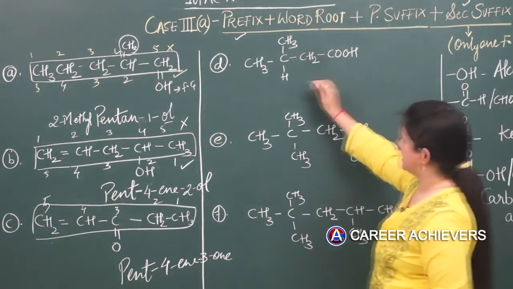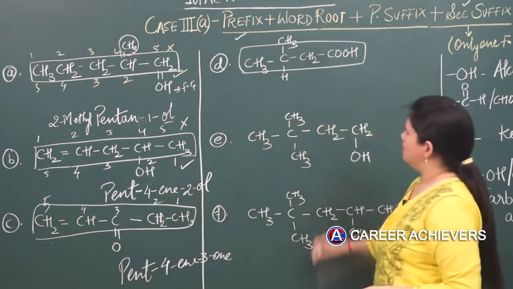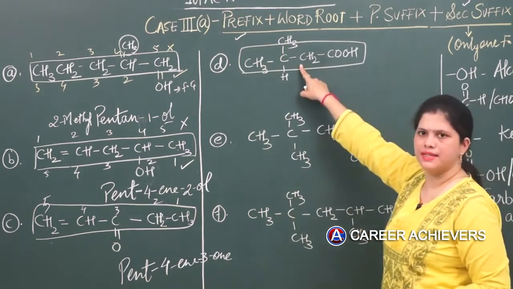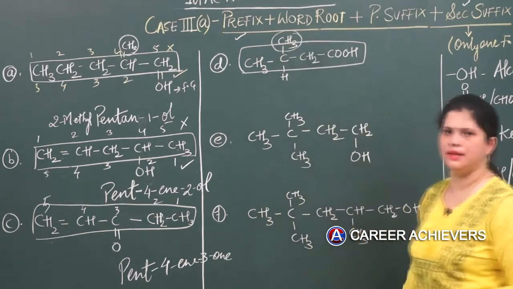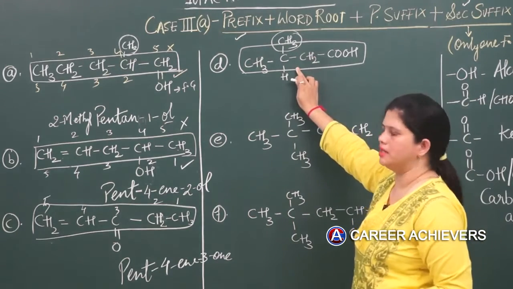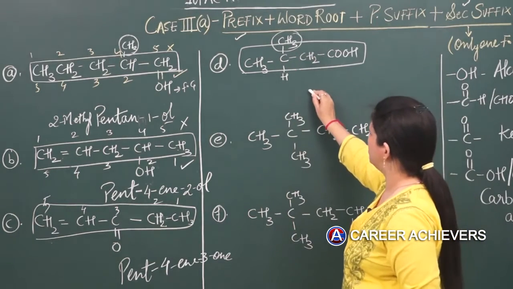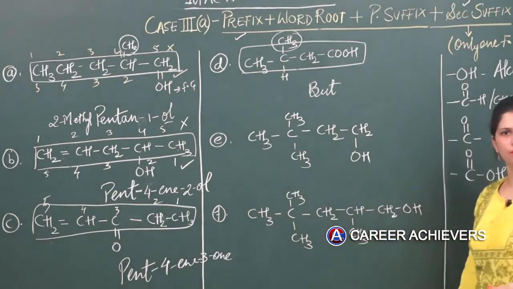If we need to discuss this one, then again 4 carbons are there in the straight chain. Functional group is there, primary suffix is the single bond as no multiple bonding is there, and methyl is present as the prefix, because this carbon is not coming in this continuous chain. 4 carbons are there in the long chain, so but would be the word root, right?